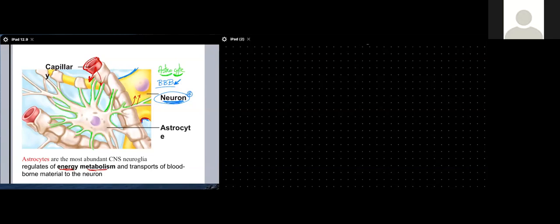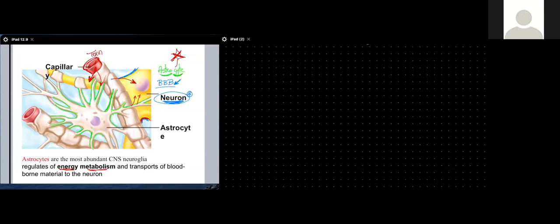Those are my astrocytes. You don't want to have a toxin passing from your blood to your nerve cells. Why? Because those nerve cells are permanent cells. You can't replace them. So if a person lost a nerve cell, it got damaged, it can't be replaced. It can't perform apoptotic division and can't get replaced.